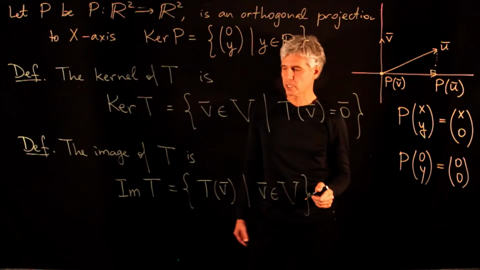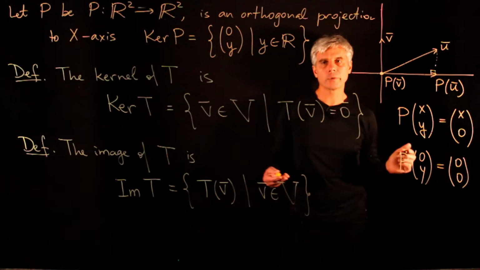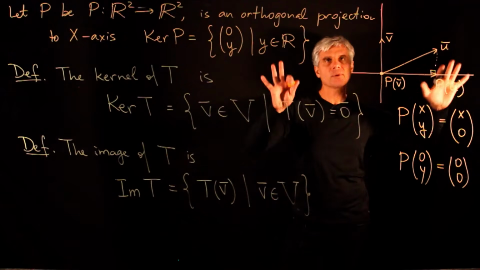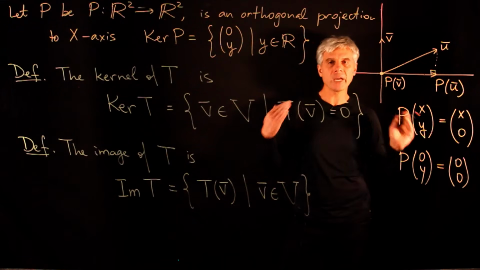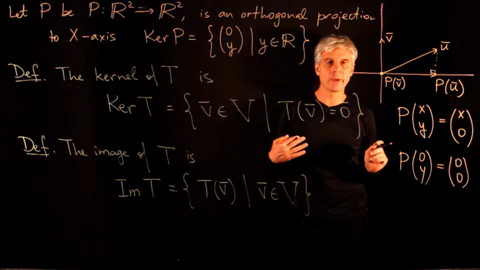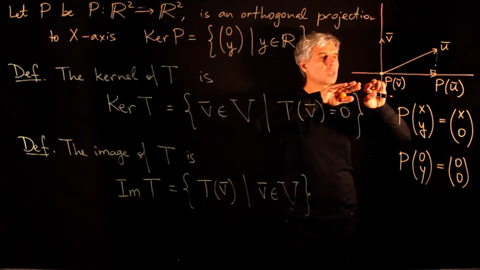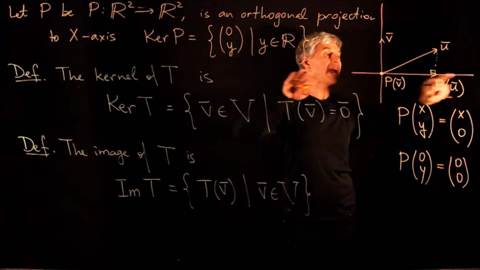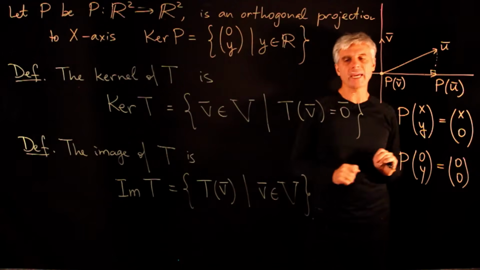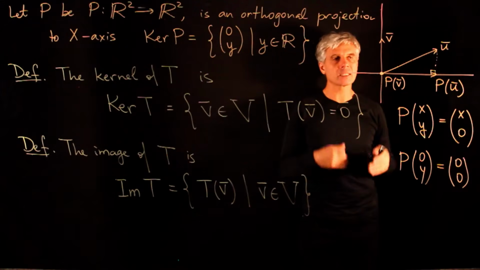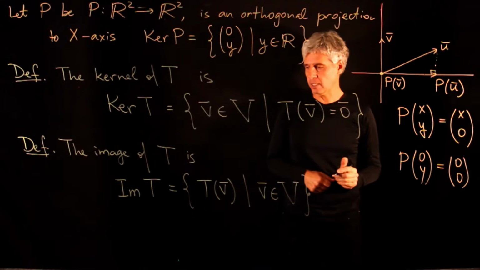Let us determine the image of this linear operator. Here we should take all possible vectors on the plane R2 and then apply the projection operator to them. When we apply the projection operator, the image of every vector is on the x-axis. And clearly, all vectors on the x-axis can be obtained as images of some other vectors under this projection operator.